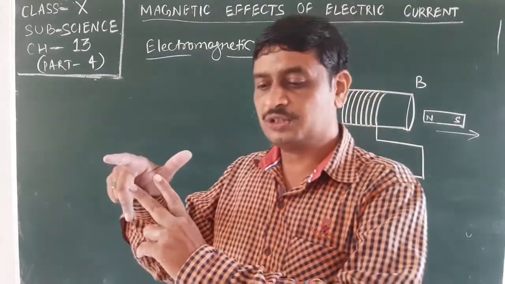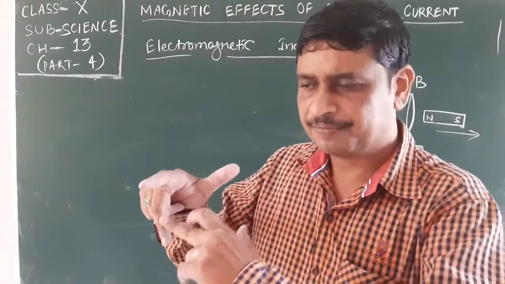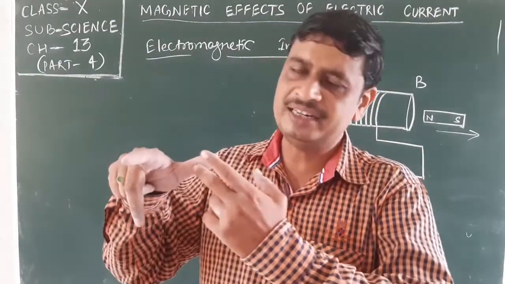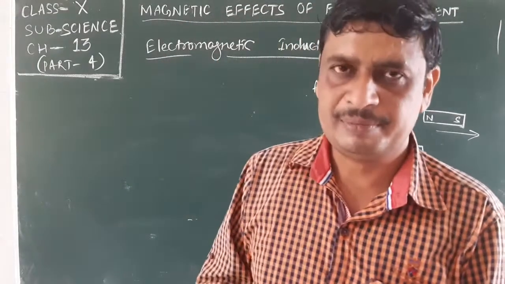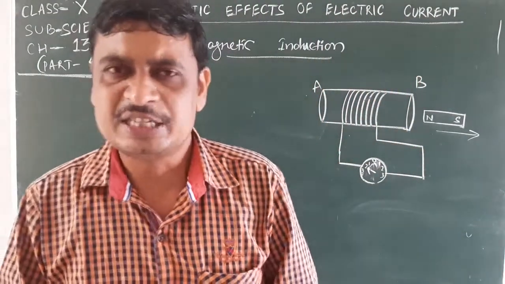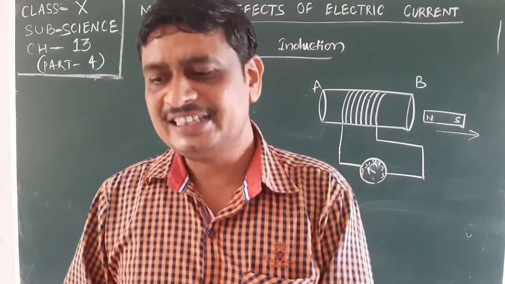The middle finger shows the direction of the electric current, which is the induced current, and the thumb shows the movement of the conductor. On the basis of this Fleming's right hand rule, the electric generator is made, from where electricity can be generated.